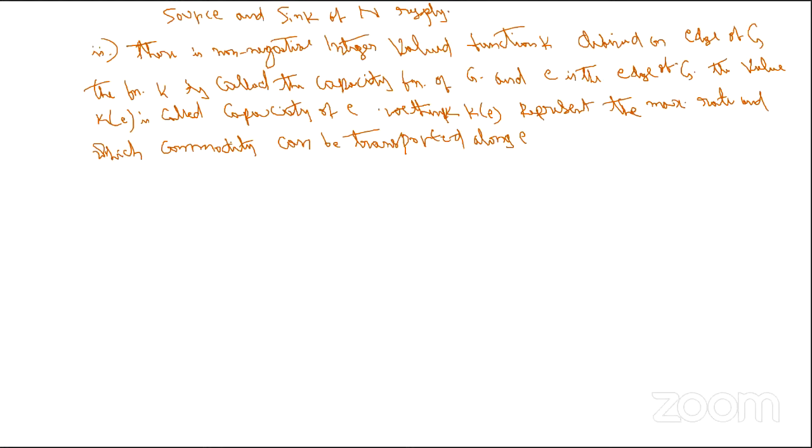When we represent a network by (G, K), it means that G is the underlying directed graph of the network and K is the capacity function defined on edges of G.